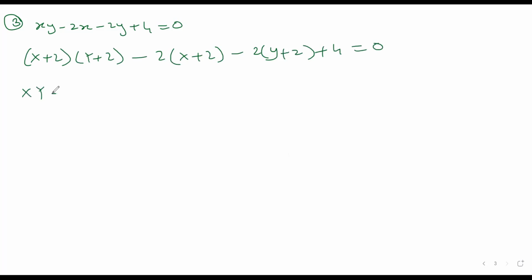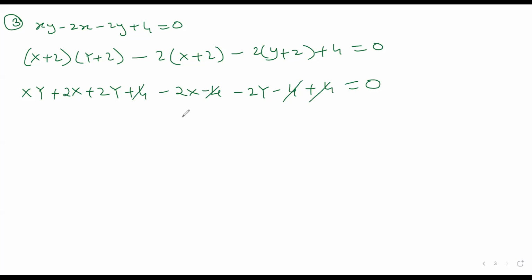So this is XY plus 2X plus 2Y plus 4 minus 2X minus 4 minus 2Y minus 4 plus 4 is equal to 0.